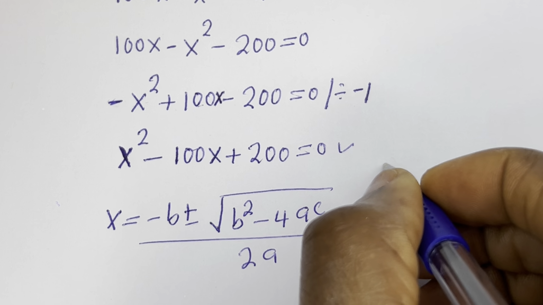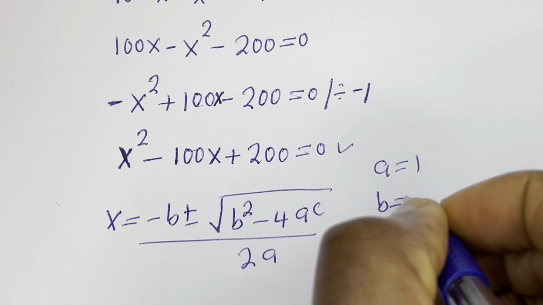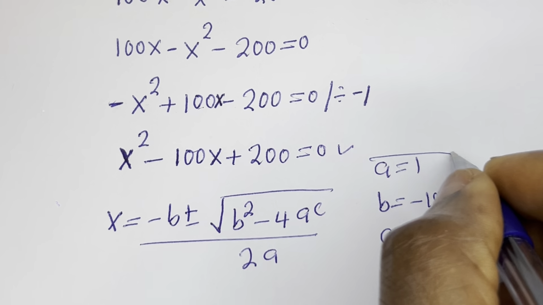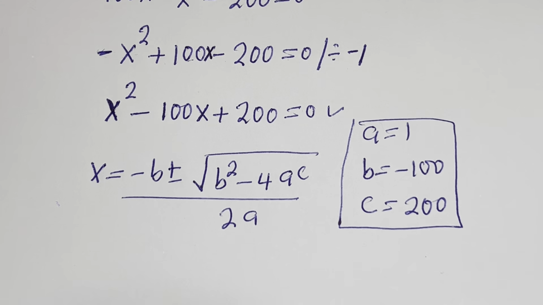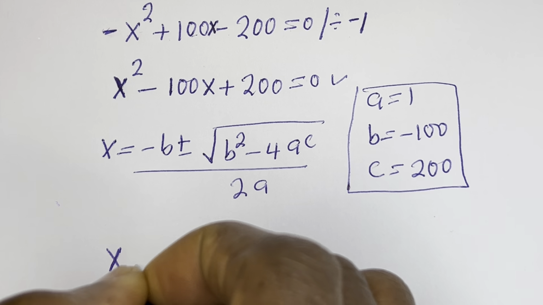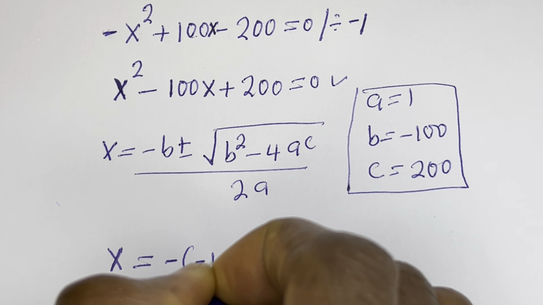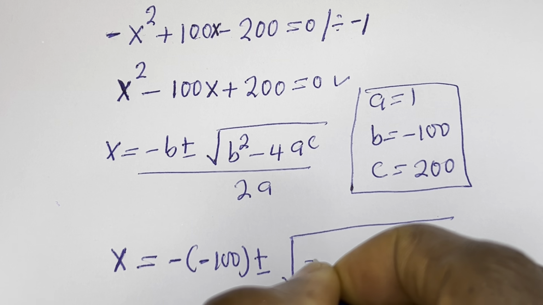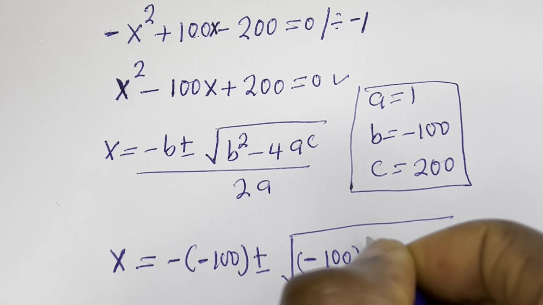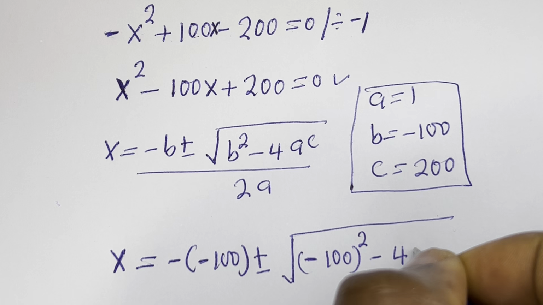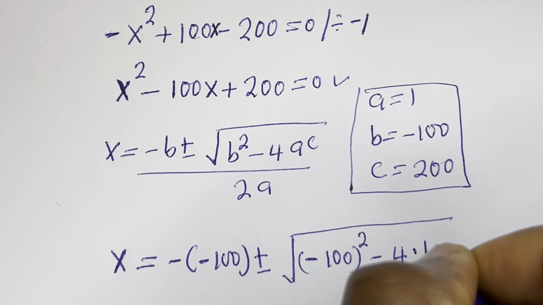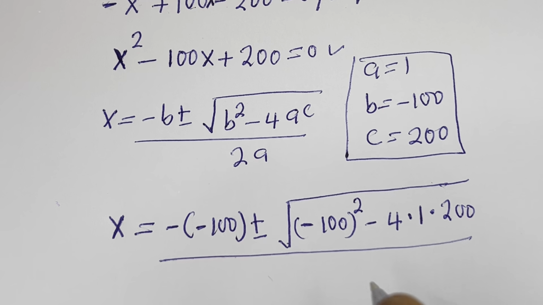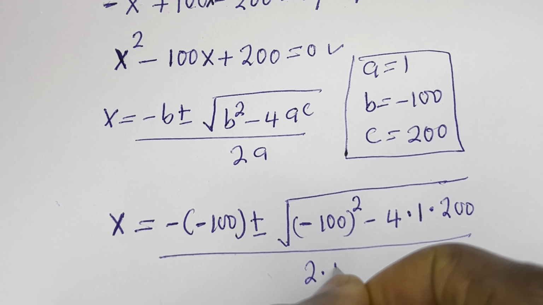And from this equation, a is equal to 1, b is equal to minus 100, c is equal to 200. x is equal to minus bracket minus 100 plus or minus square root of minus 100 square minus 4 multiplied by 1 multiplied by 200. Everything over 2 multiplied by 1.